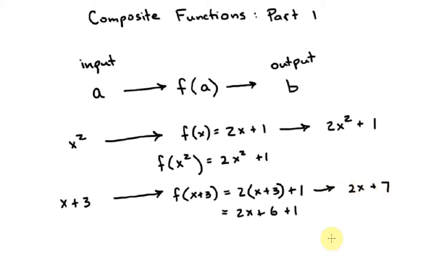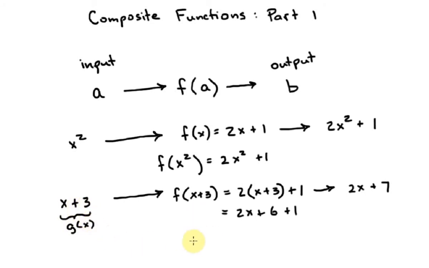Now, what we've been doing is putting these things in as inputs. Essentially, we're taking other functions and plugging them into this function. So you could think of it this way: what if I called this g of x, and let g of x be the function x plus 3?